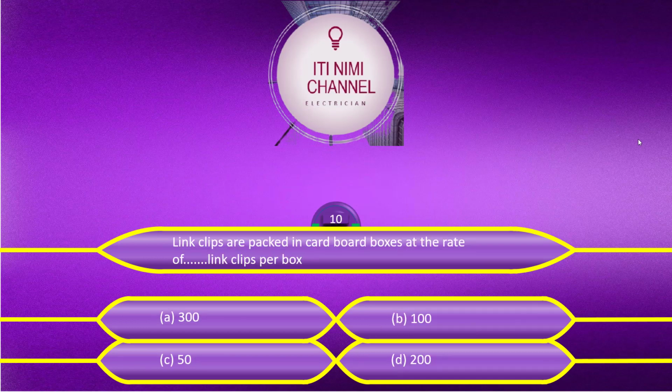Link clips are packed in cardboard boxes at the rate of dash link clips per box. Option A 300, option B 100, option C 50, option D 200. The answer is 100.